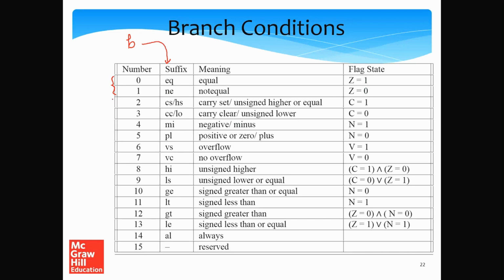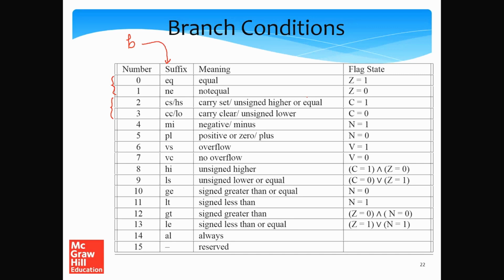Now let's take a look at one more pair of conditions which are very interesting. Let's consider HS. HS means unsigned higher or equal. When we take two 32-bit numbers, we disregard the sign bit, think of them as unsigned numbers, and compare them.